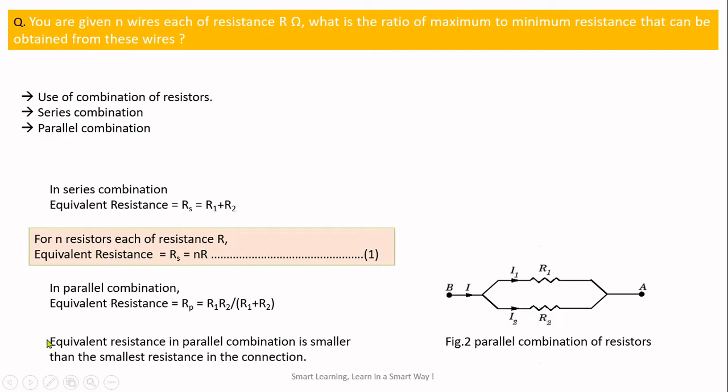And note that equivalent resistance in parallel combination is smaller than the smallest resistance in the connection. You can find the video link in the description for this also. You can check that after finishing this video as well.